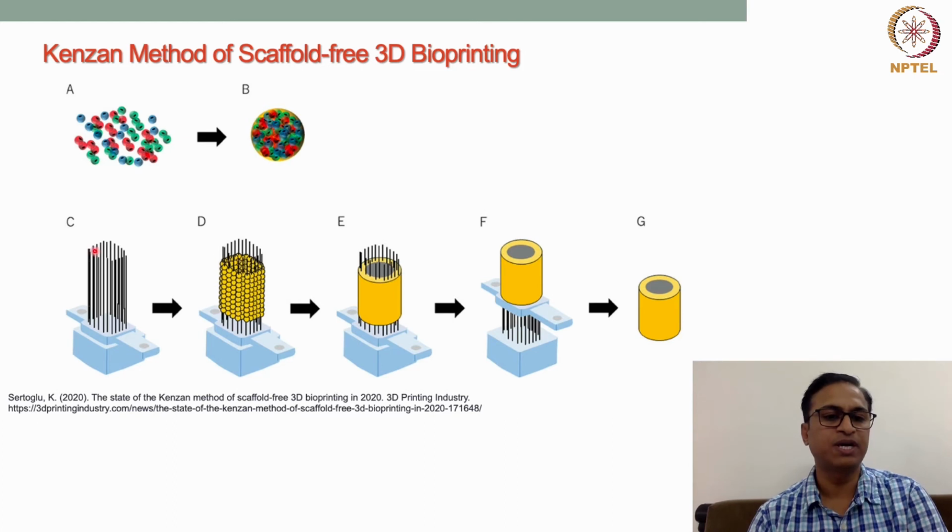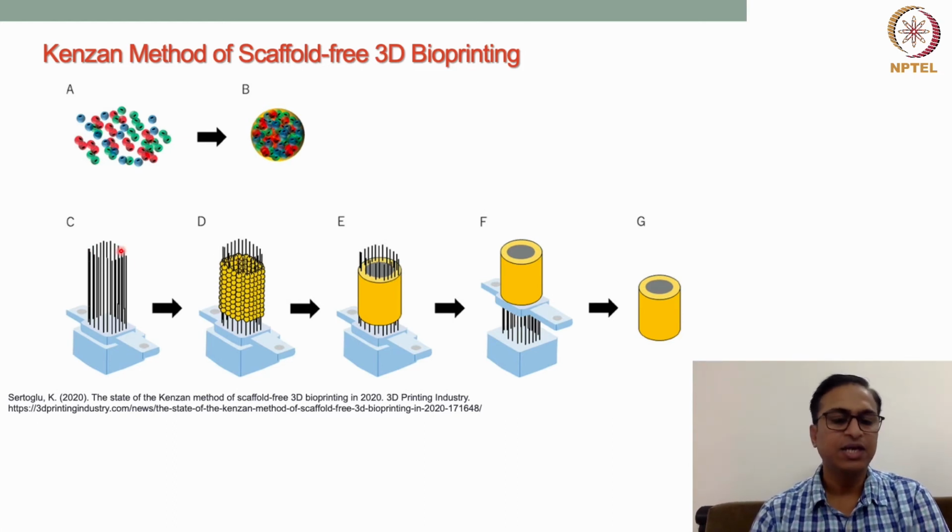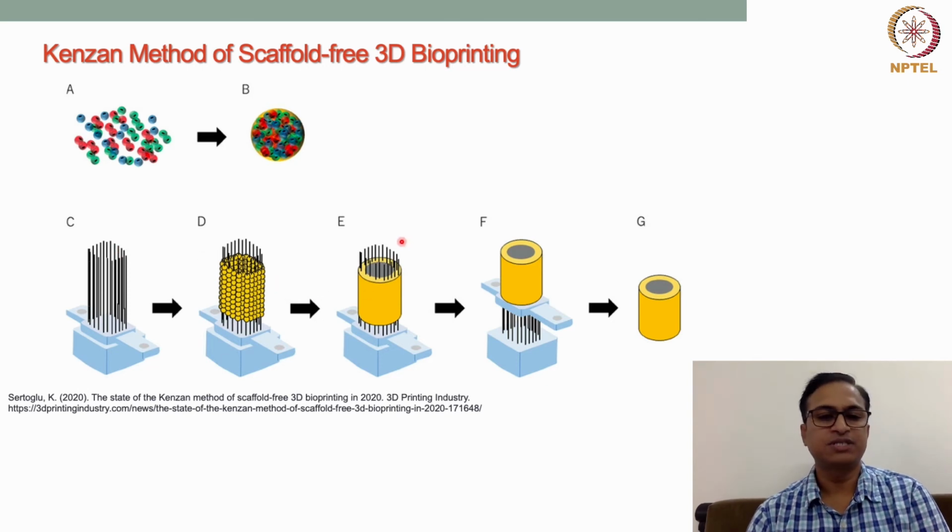Now depending upon the micro needle array, we can get different types of structures. We can get circular or cylindrical structures, and maybe square or cuboid structures. So different types of structures are possible by designing this micro needle array.